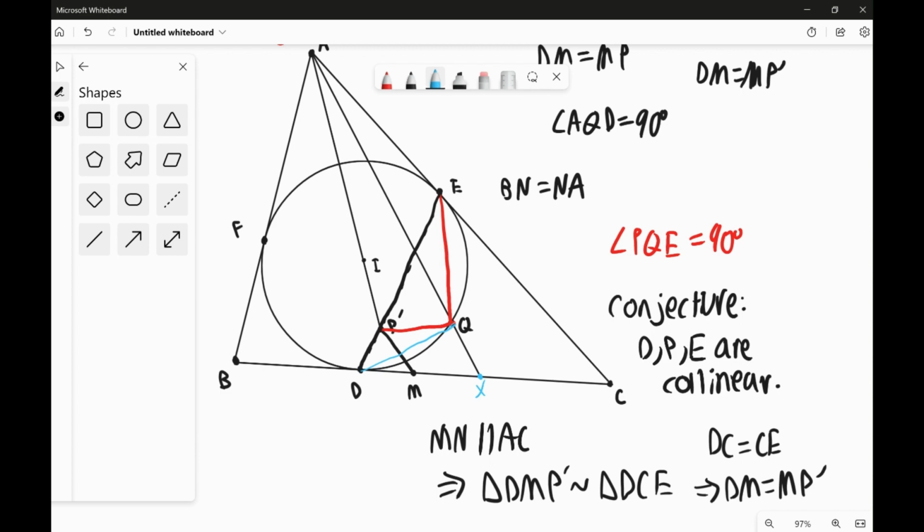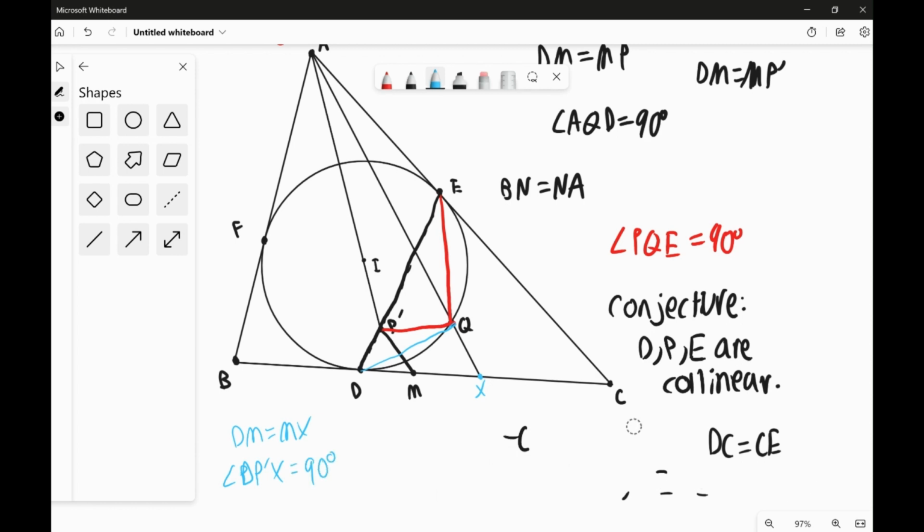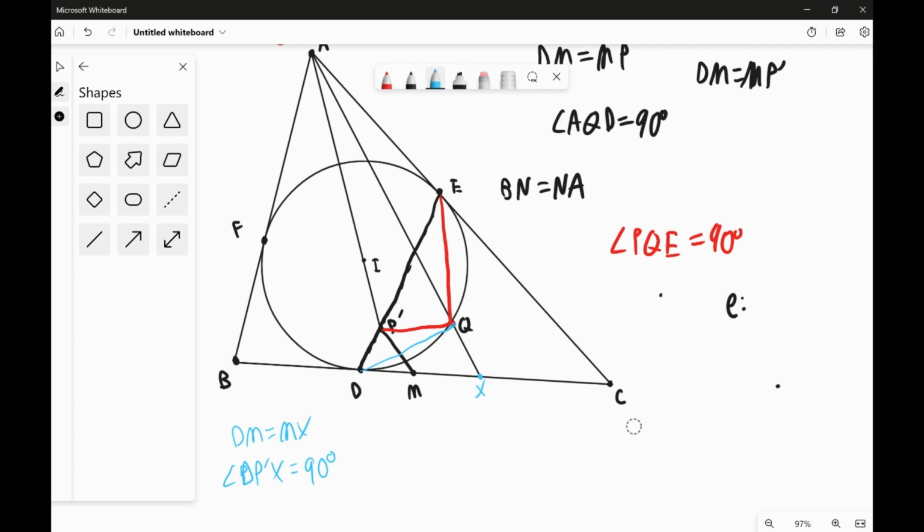However, we know from a previous video that I created about homothety, that DM equals MX. So that means that angle DP prime X is equal to 90 degrees as well. So we have some right angles, so we can start doing stuff.